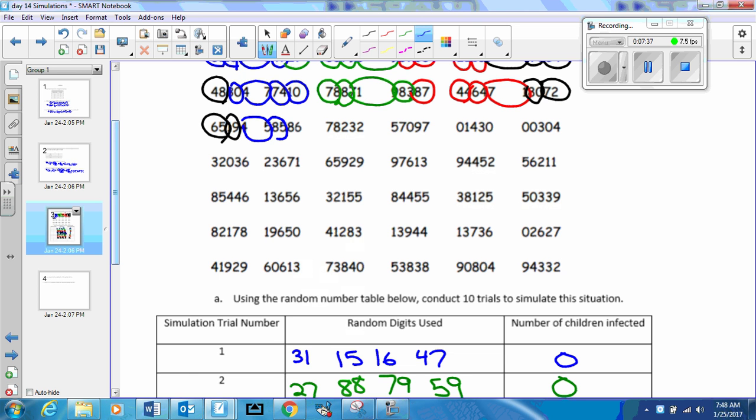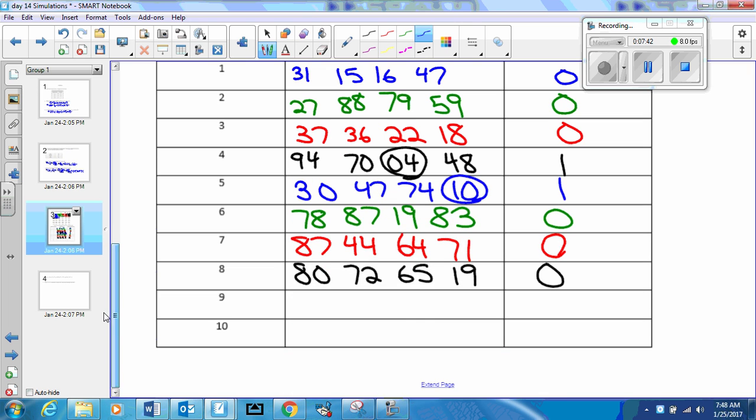Then 45, 85, 86, 78. Writing down 45, 85, 86, and 78. Again, no children are infected.